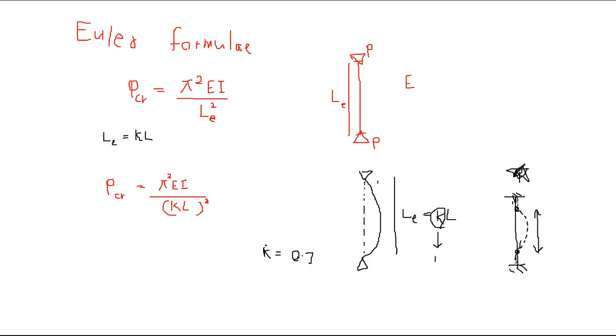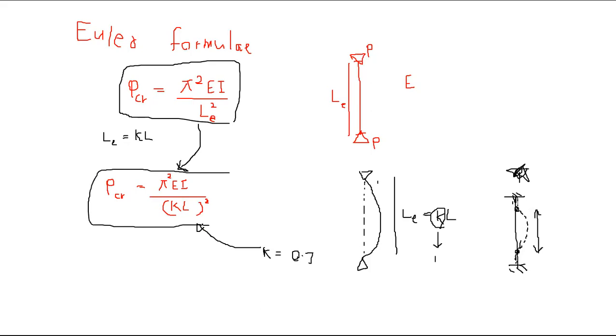Then you have K times L, right? L is the total length. So this is the general equation, and this is written then in general form. This is still applicable in engineering applications.